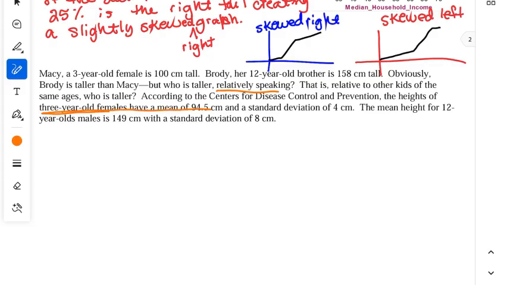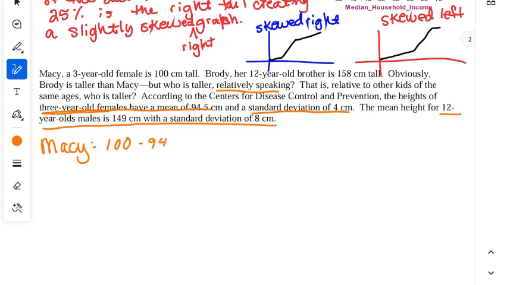According to the CDC, the heights of 3-year-old females have a mean of 94.5 centimeters, standard deviation of 4. And then boys, same age, that 12, is 149 centimeters with standard deviation of 8. So we want to see how we can compare these.